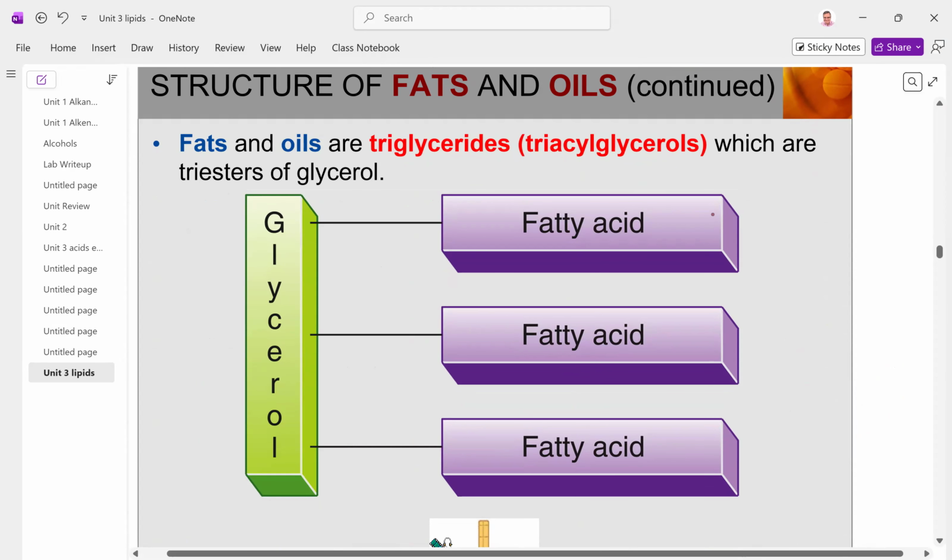Now, the most common way that fatty acids are distributed in the body is something called a triglyceride.